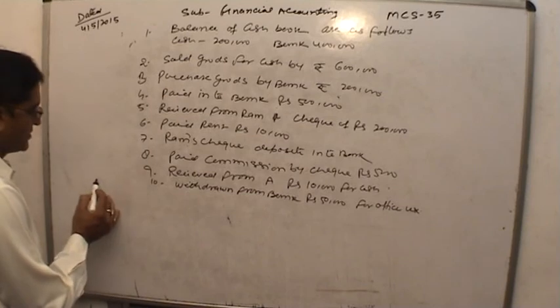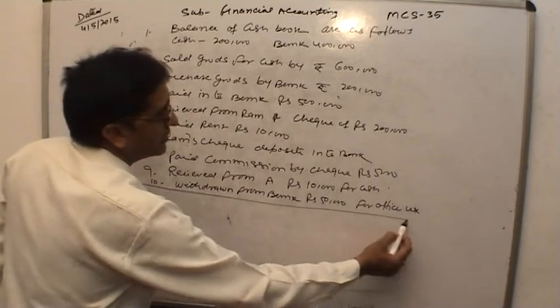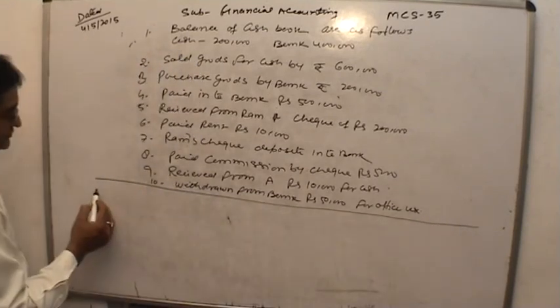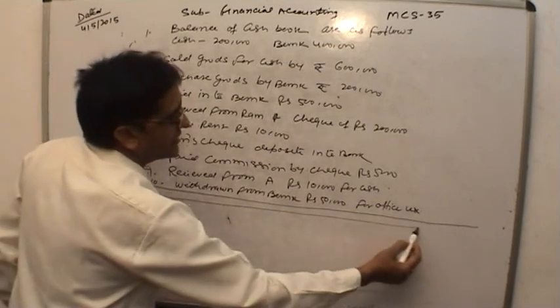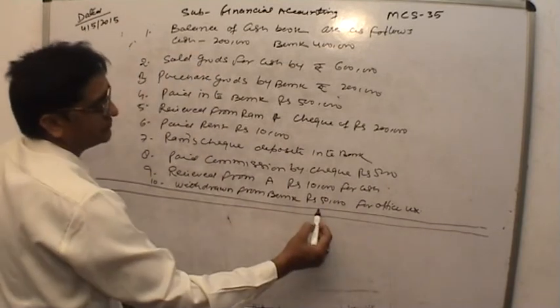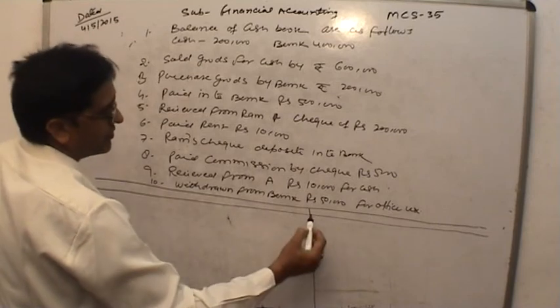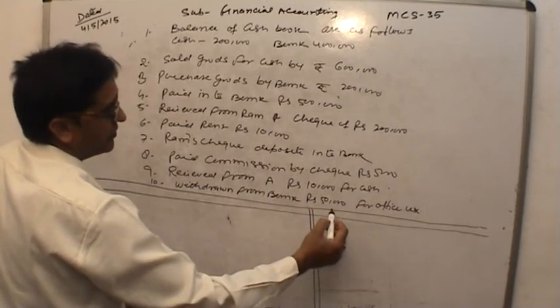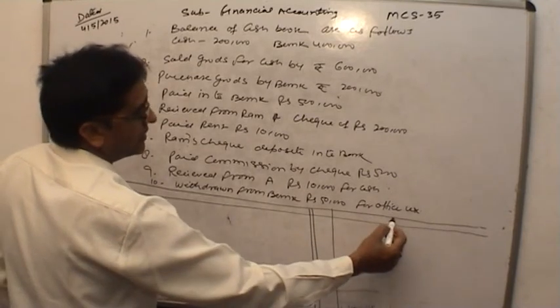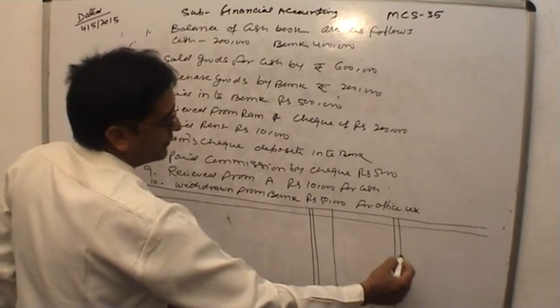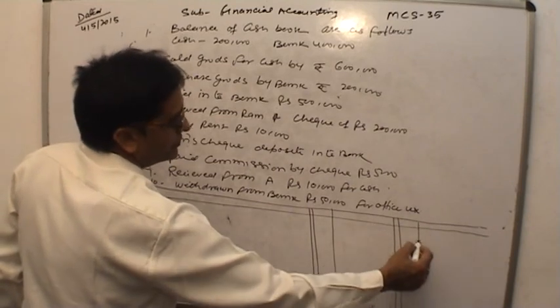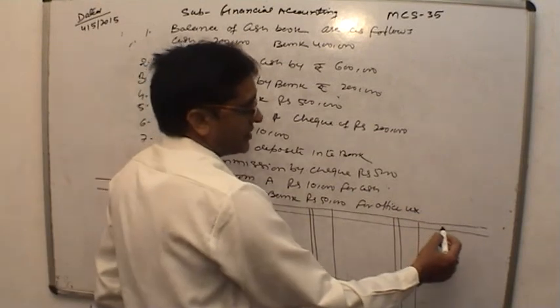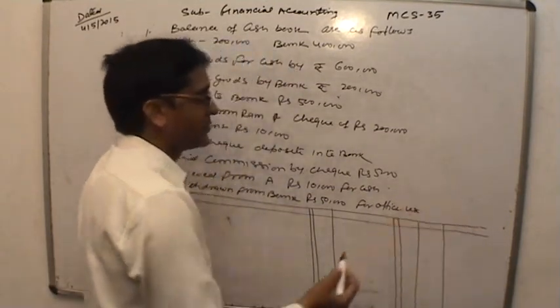So at first prepare a format of triple column cash book, and this is being done as: date, particulars, ledger folio, discount, cash, and last is bank.